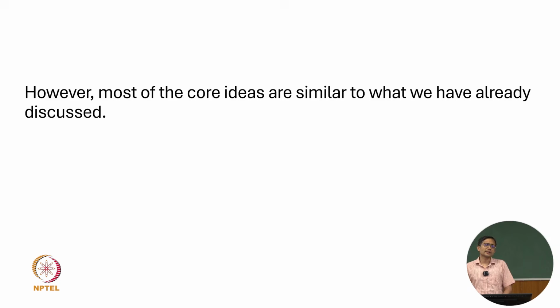So let us now think about how we can use the deep networks. Most of our discussion is, of course, related to the CNNs. So how we can use them to detect anomaly. And remarkably enough, what we'll see is that most of the core ideas are similar to what we have already discussed.